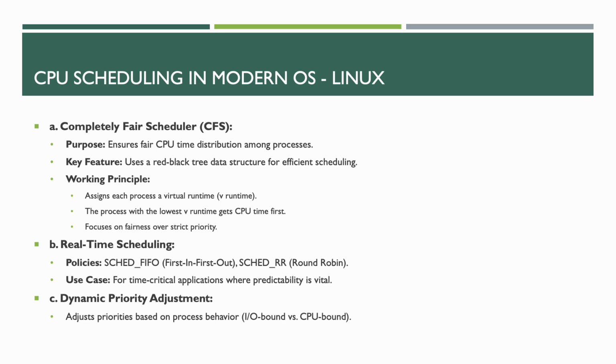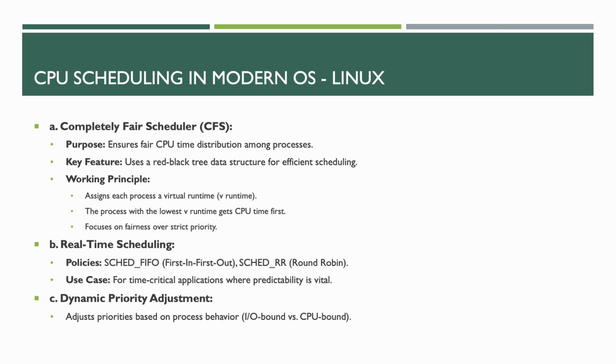It uses the completely fair scheduler, which ensures fair CPU time distribution among processes, and it uses a red black tree data structure for efficient scheduling. It assigns each process a virtual runtime, vruntime, and the process with the lowest vruntime gets CPU time first. It focuses on fairness over strict priority, so every job can get a chance.